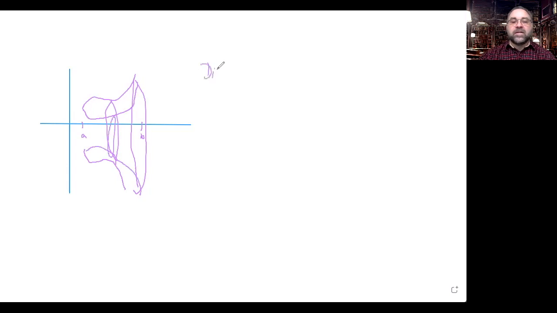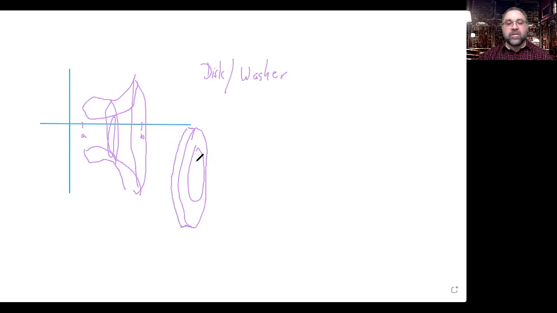So the disk/washer method, depending, just a quick reminder. You take one of those disks or washers, and you find the volume of it by taking the area of the face, which is just big circle minus little circle, multiplying by the incremental thickness, which is that dx, given the direction we're going.